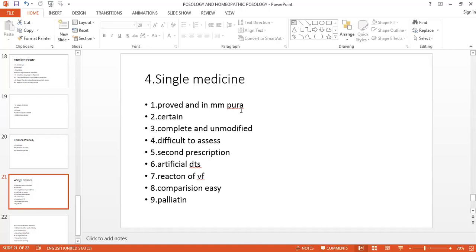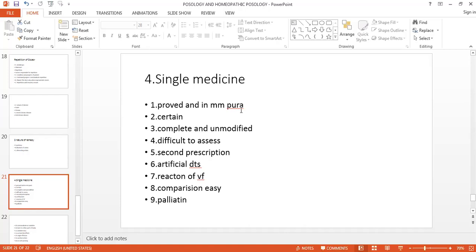So if you are getting the literature of that medicine singly, not in combined form, if you are having the characteristic symptoms of that medicine after the proving singly, then we have to give the medicine in the single form, so that you will get a better result.